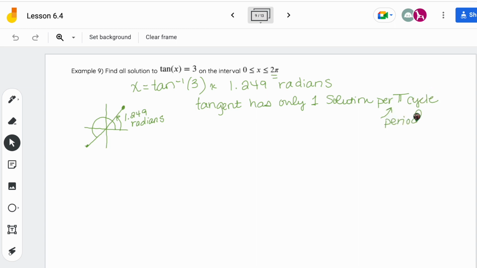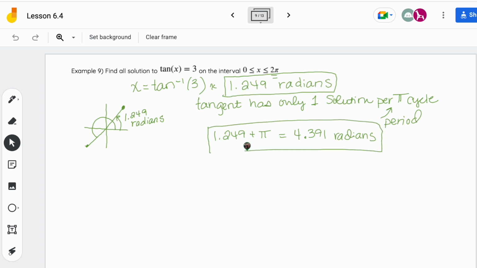Thus, I could find the next one by saying 1.249 plus pi, or 3.14159, which is 4.391 radians. And so we found two solutions between 0 and 2 pi.